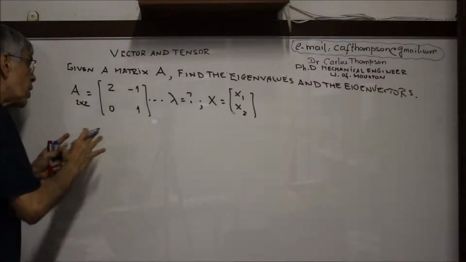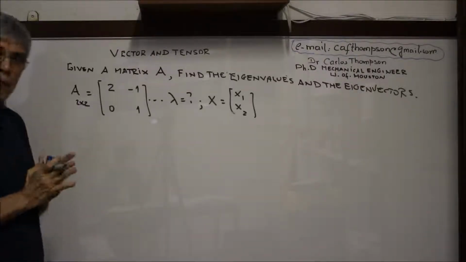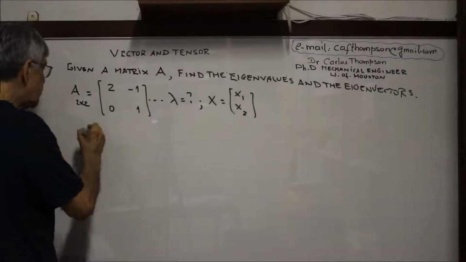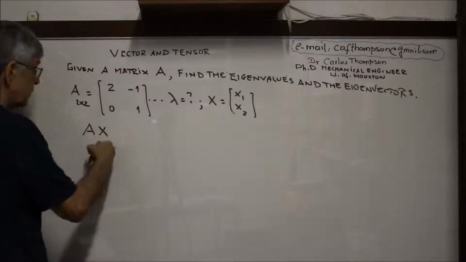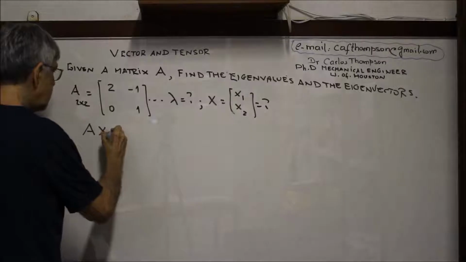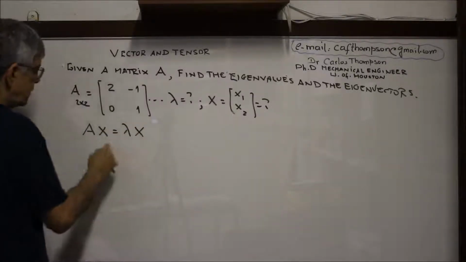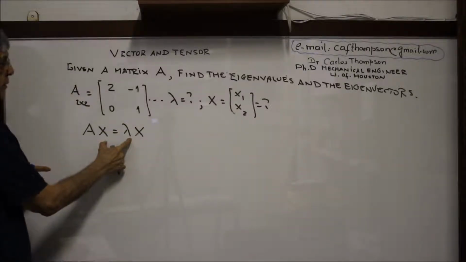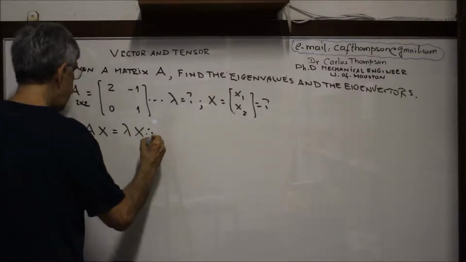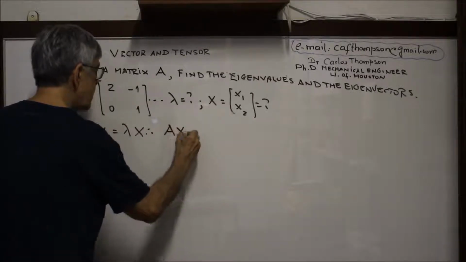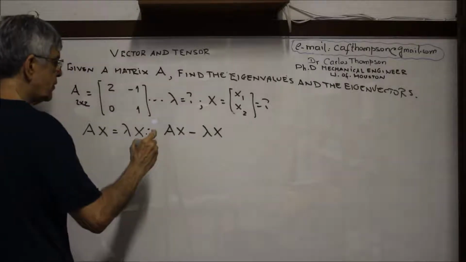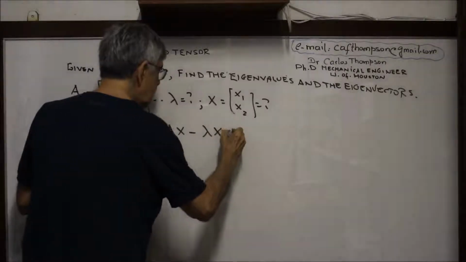Now, let's apply the definition of eigenvector. What is the eigenvector? Ax, unknown, is equal to lambda x, unknown, unknown. See? Now, from here, I can do as follows. Ax minus lambda x, you see, is equal to 0.